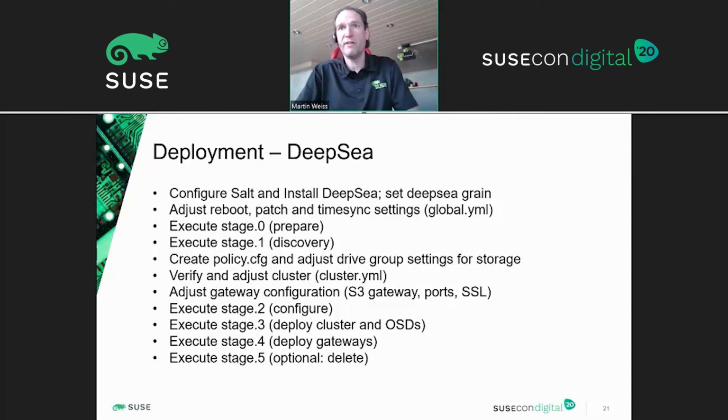Basically, that takes what we have adjusted and sets that in Salt grains and pillar data. Then we execute DeepSea stage 3, which creates the cluster and deploys the object storage daemons on all the disks. After that, we run stage 4, which deploys the gateways. And stage 5 is not really required at that point in time because it would just be there if we change something and want to have a deletion somewhere. And basically after that, the cluster will be up and running.